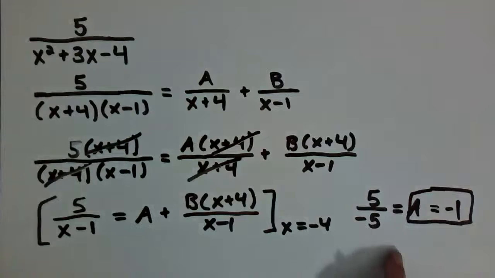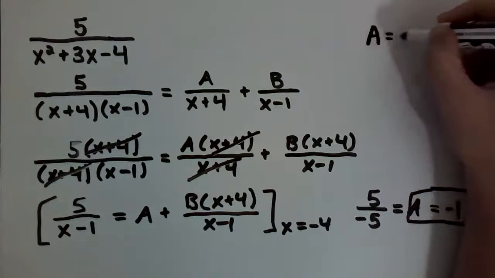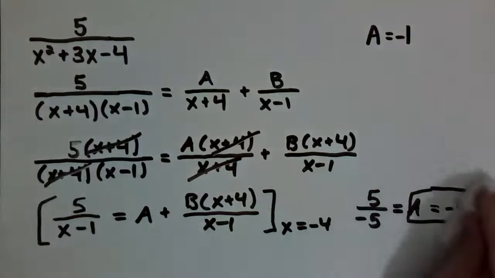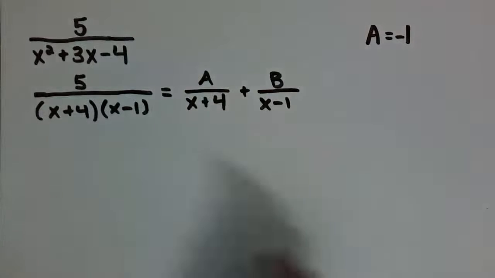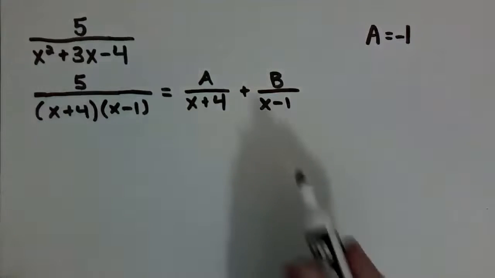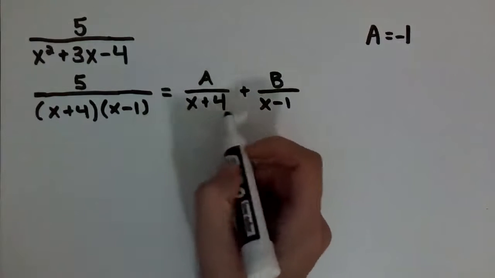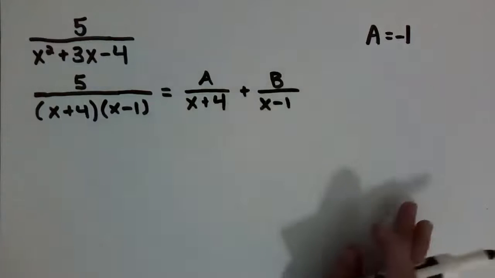So we solved for a, now we have to solve for b. We solve for b in a very similar fashion, and I'll make it small. We found a equals -1. So to solve for b, we again start here. And now instead of multiplying everything by x plus 4, we multiply everything by x minus 1.